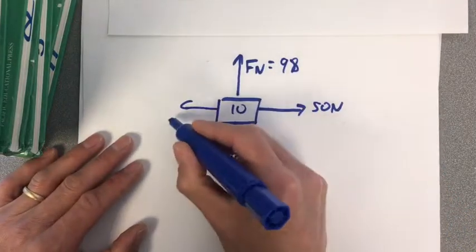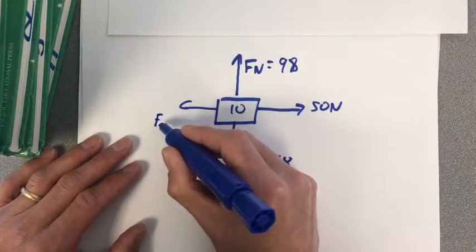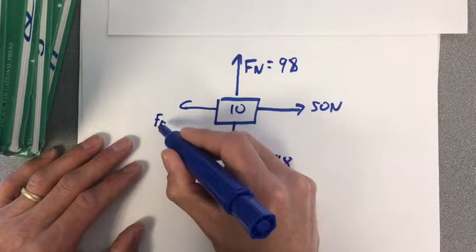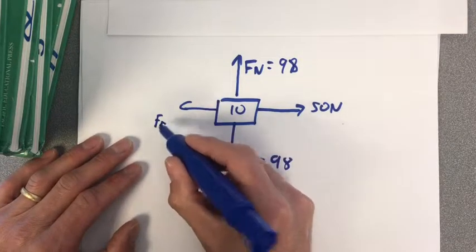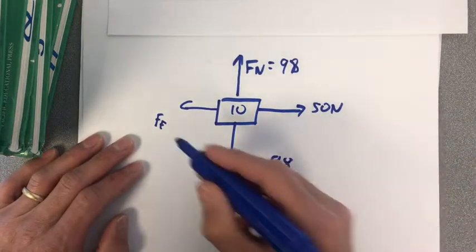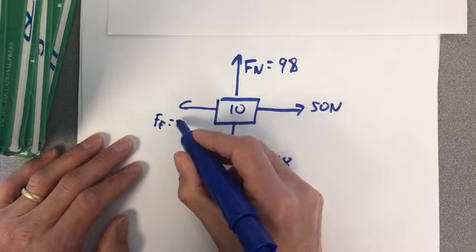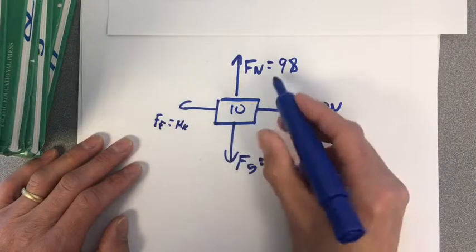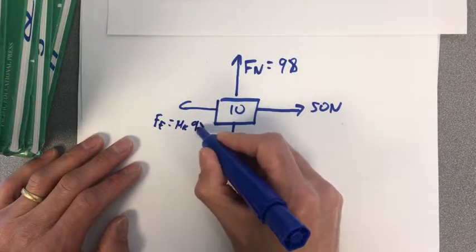Now the force of friction, let's assume this is sliding. If we can assume it's sliding, the force of friction is going to be mu k times 98.